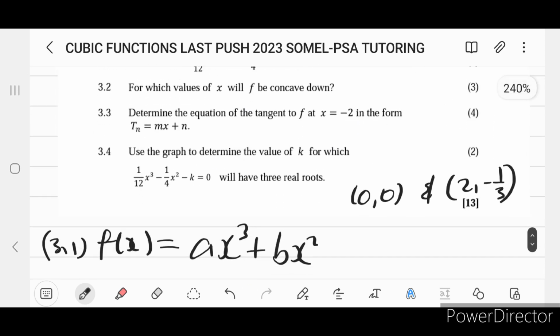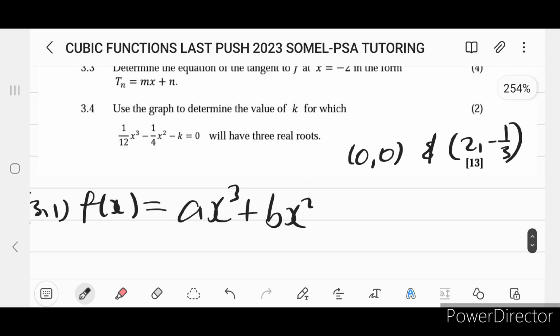The first thing that I will do is to find the equation using a point. If I put x as 0, the right side, all of it, is going to be 0, and the other side is going to be 0. So there's no point using this.